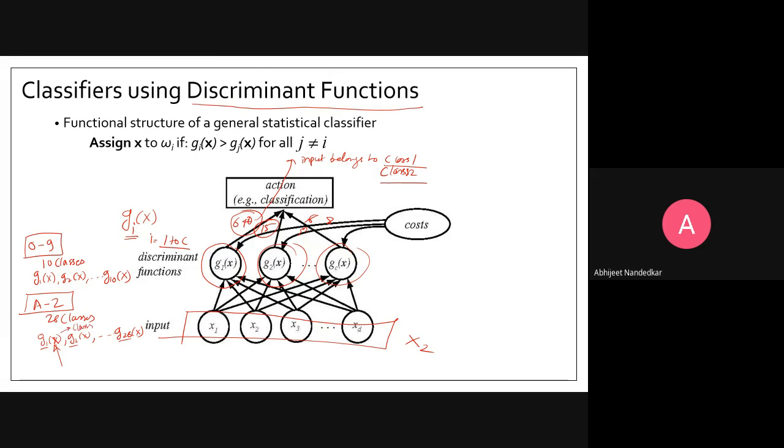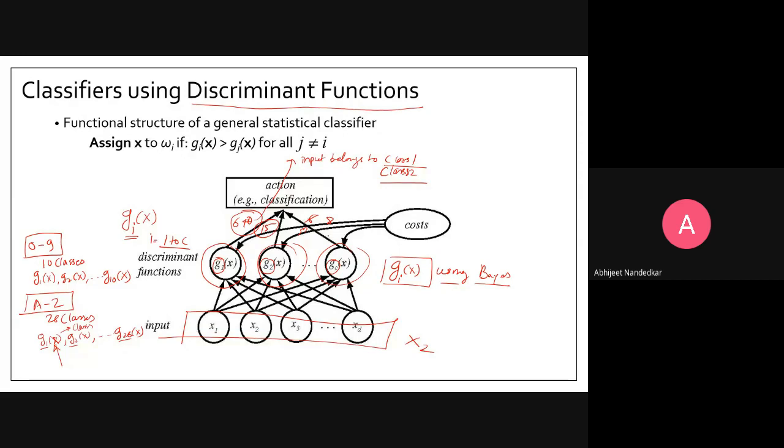Now here this g or this function g(x), we are designing using Bayes. We are using Bayes to decide what gi(x) is for our problem. You can have your own method of doing this.